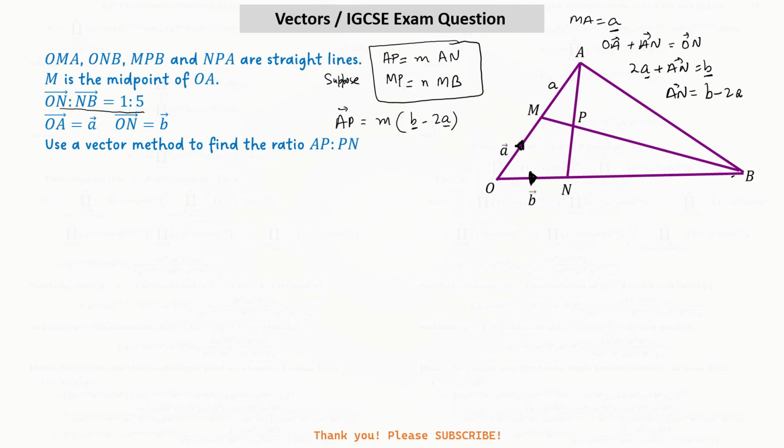So ON is B, that means NB is going to be 5B, and we can write OM plus MB, so we have to point it from M to B. Okay, so OM plus MB is equal to OB.